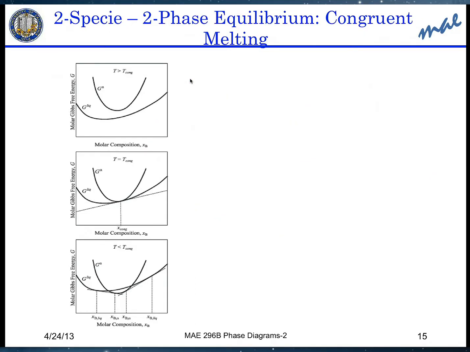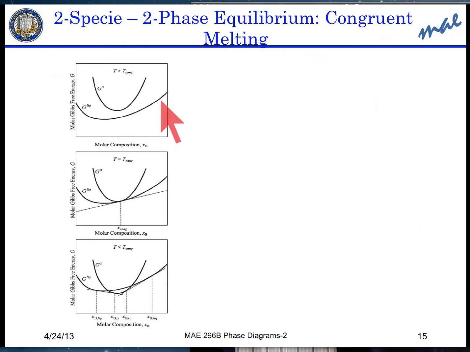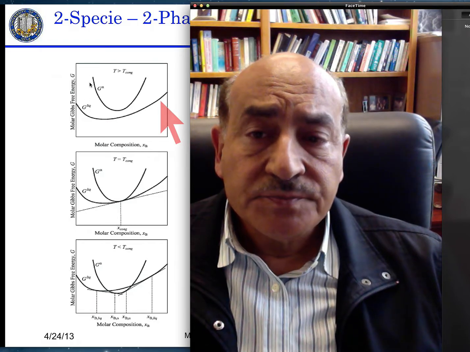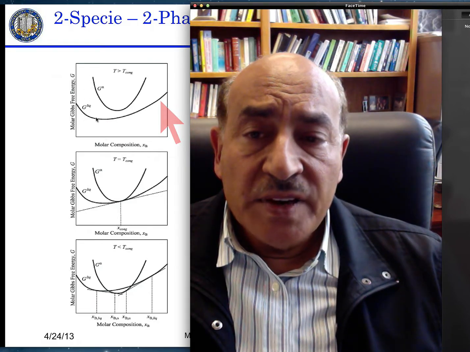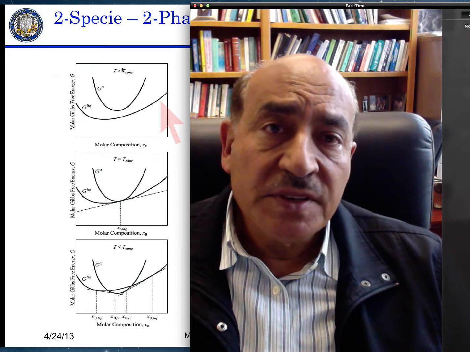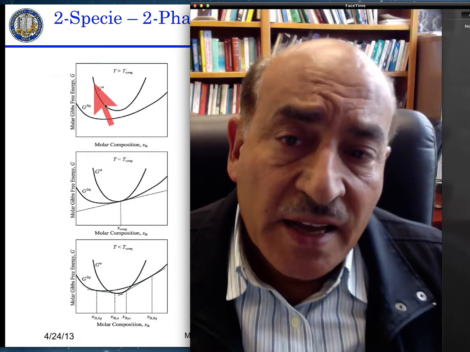And then here I have this two-phase equilibrium, congruent melting, and this two-phase equilibrium shows me that on this side here, the liquid phase, at the high temperature for example, has a Gibbs free energy lower than the alpha phase.